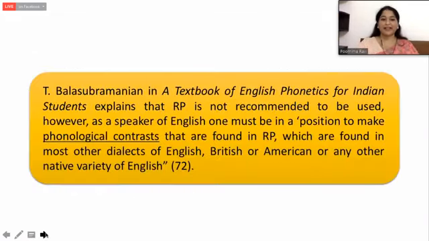But the received pronunciation system is not recommended to be used exhaustively. What you and I, as speakers of English, must do is to be in a position to make phonological contrasts, to identify the difference between pin and bin. That can be established only if you pronounce it well.